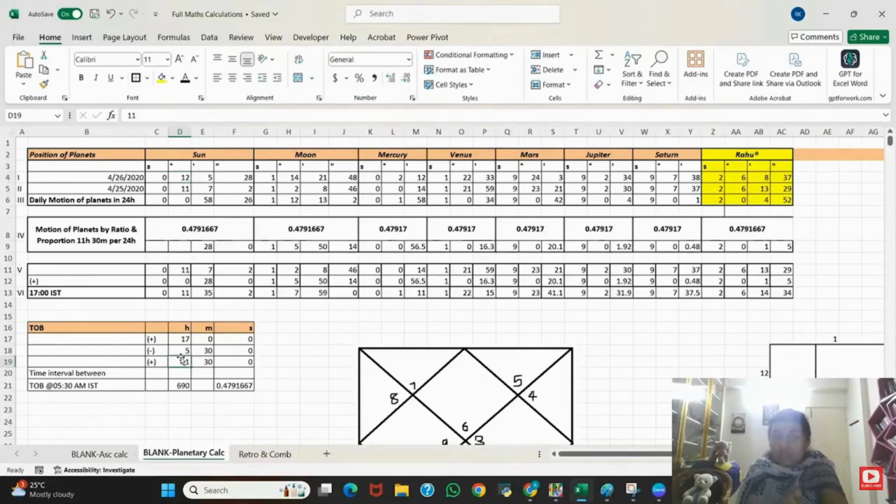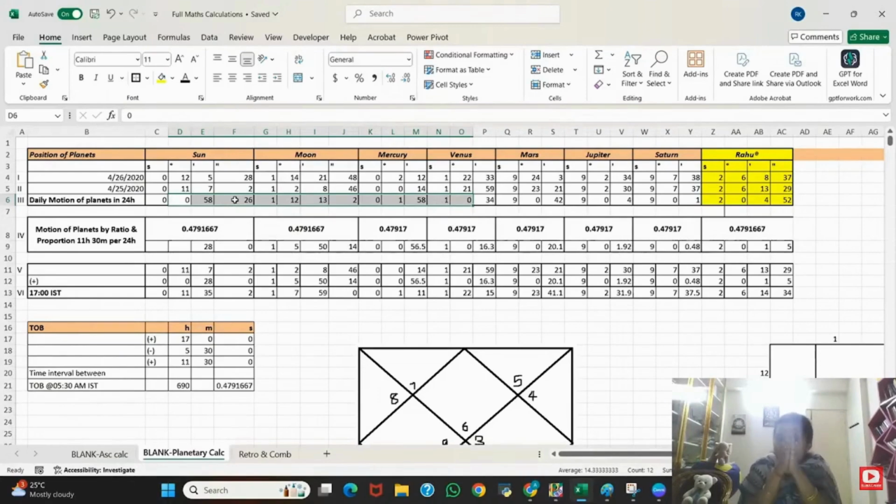From morning 5 hours 30 minutes to the time of birth, this was the time, that is 11 hours 30 minutes. So we want to find out what would be the position of the planets at 11 hours 30 minutes. We have already noted down the daily motion of the planets in this 24 hours. For the whole 24 hours between the 25th and 26th, this was the motion. We can't take any other days, because every day the planetary motion will differ.